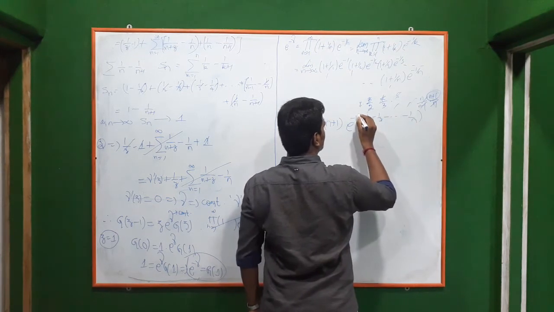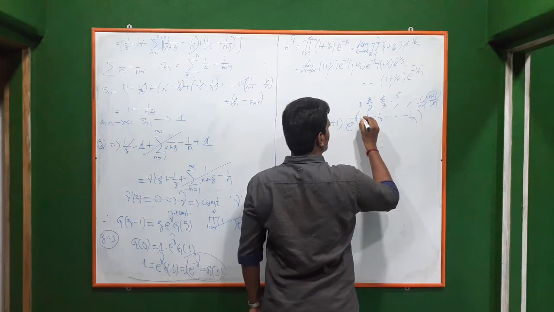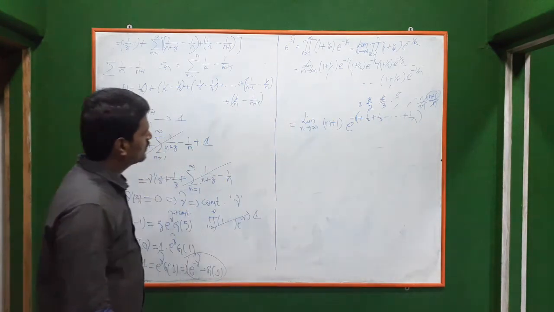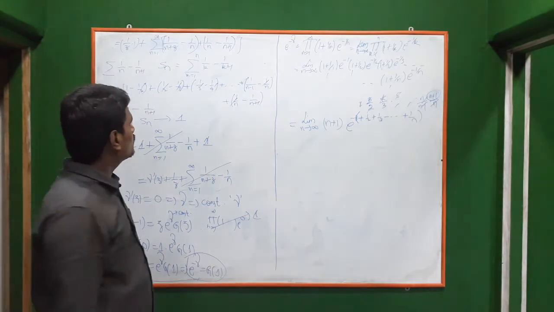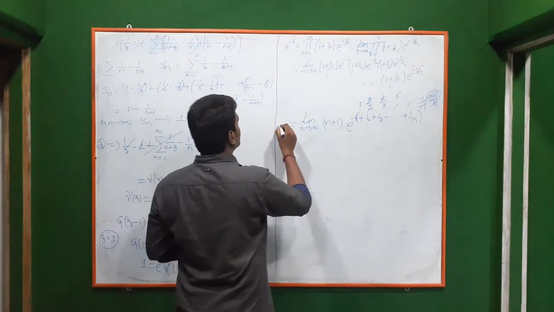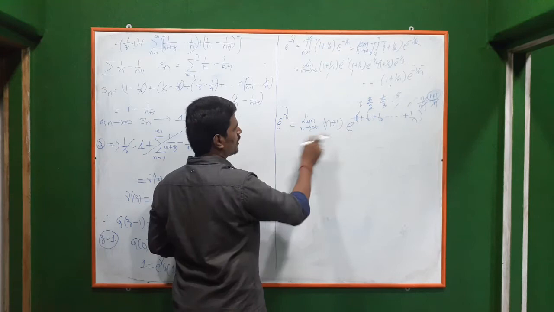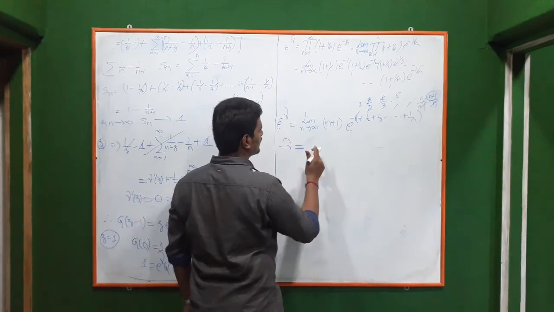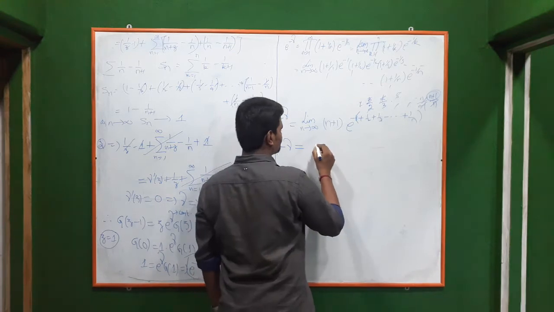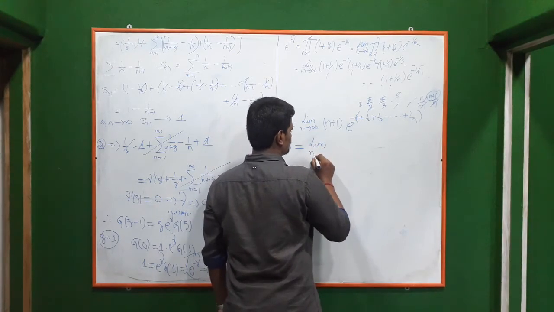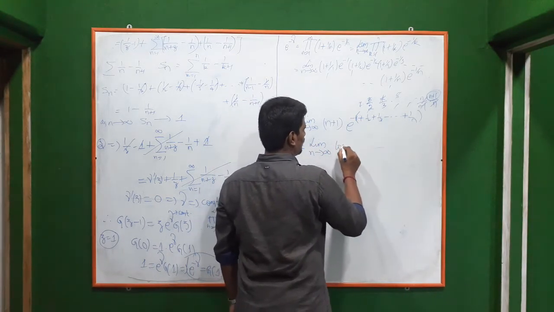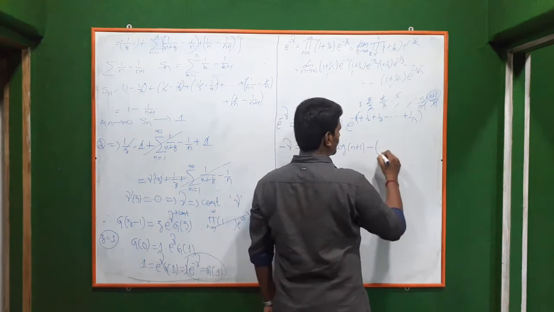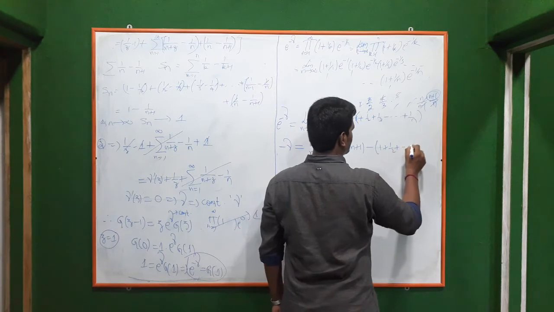Or this can be written as e power minus of 1 plus 1 by 2 plus 1 by 3 and so on to 1 by n. Correct. So what is this equal to? E power minus gamma. Apply log on both sides. Then minus gamma is equal to limit n goes to infinity, log of n plus 1 minus of 1 plus 1 by 2 plus and so on to 1 by n.